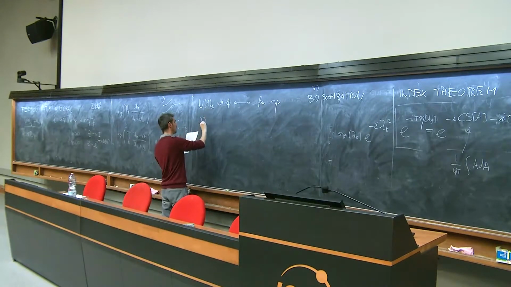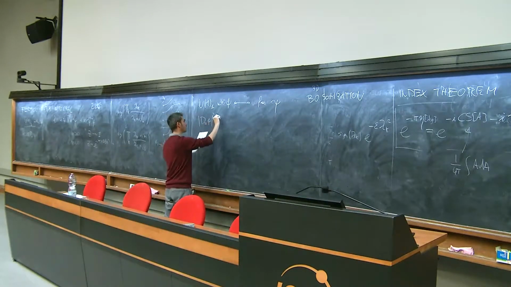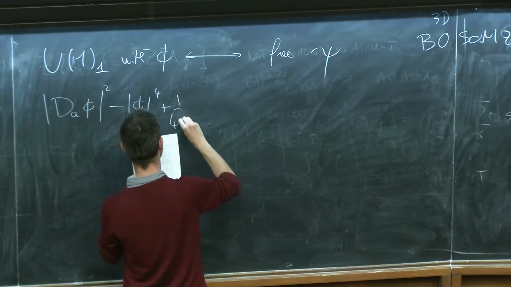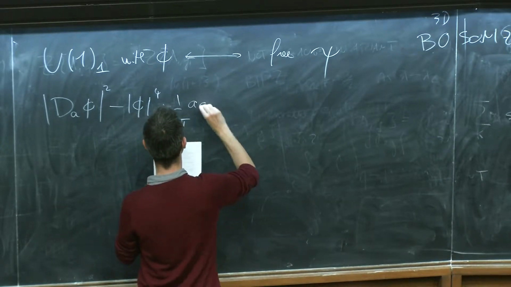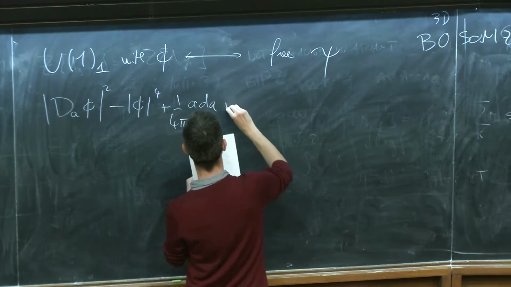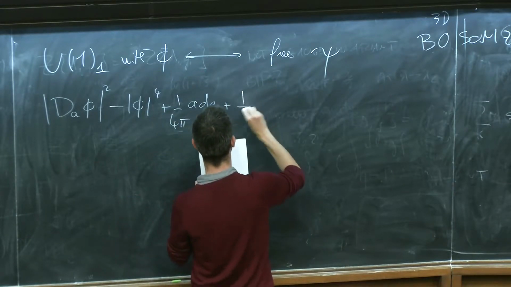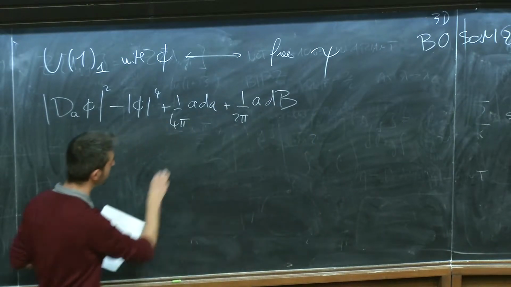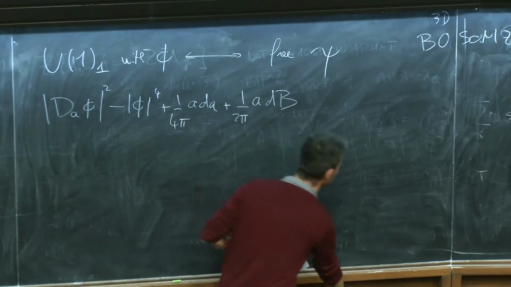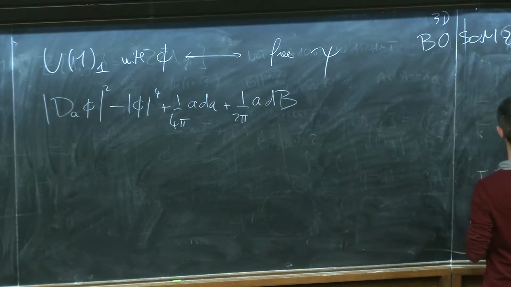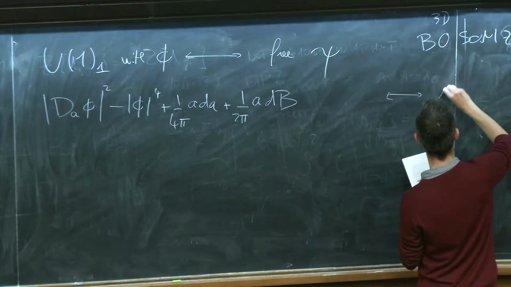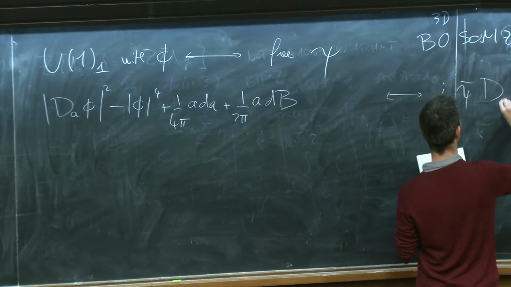So in this theory there is a U(1) which is dynamical, and there is a Chern-Simons term at level 1, and then the coupling to the background, since it is a coupling to the magnetic symmetry, is through this mixed Chern-Simons term. And on the other side, we have just the free fermion coupled to the background.